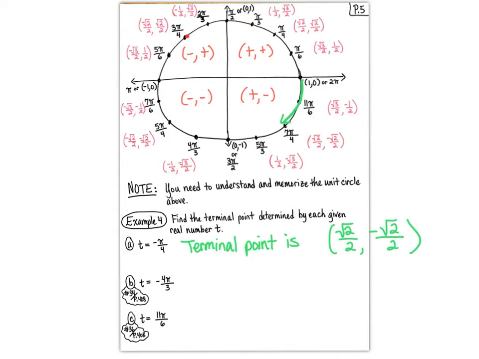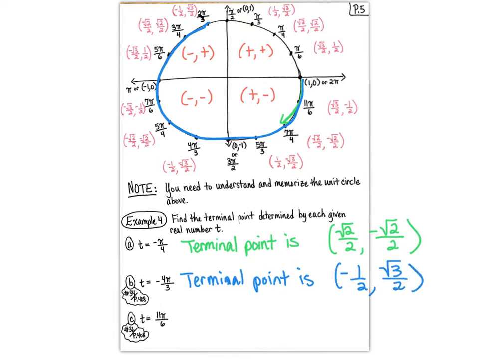Raise your hand. How many say 2 pi over 3? Raise your hand. You are correct. It's 2 pi over 3, right? So that means negative 4 pi over 3 is coterminal with 2 pi over 3, which means your terminal point is what here? Good. It's negative 1/2, comma, square root 3 over 2.